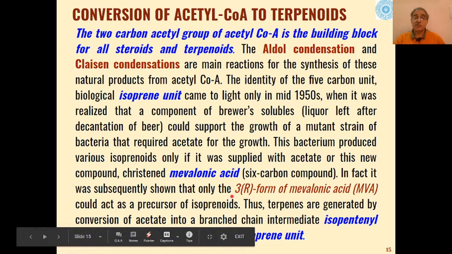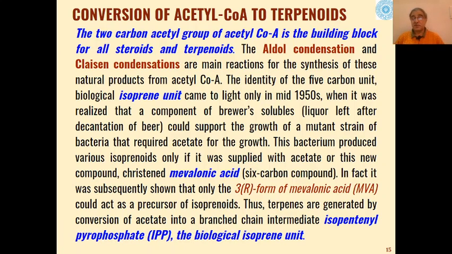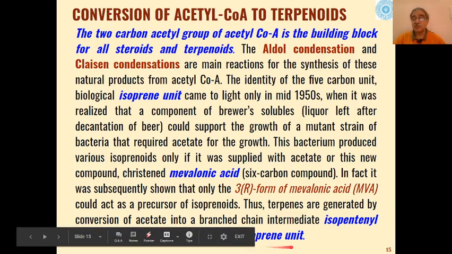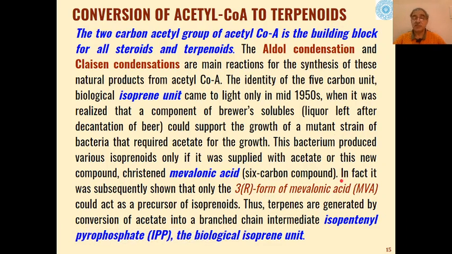And this mevalonic acid 3R form acts as precursor for different types of isoprenoids or terpenes as the compounds. And these terpenes are generated by conversion of acetate into a branched chain intermediate, that is isopentyl pyrophosphate, which is the biological isoprene unit from which all types of terpenoids will be synthesized.